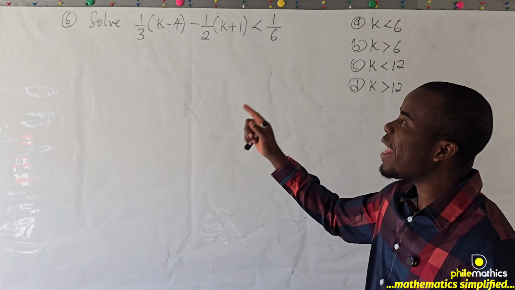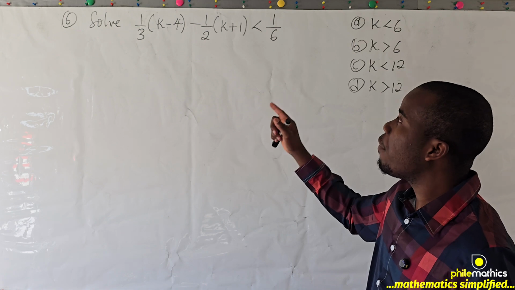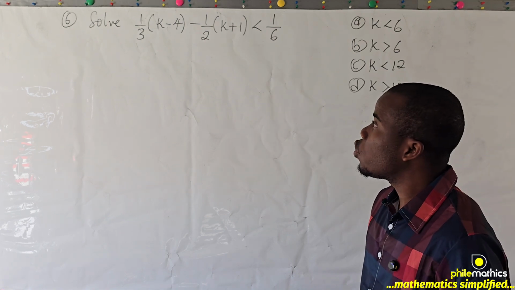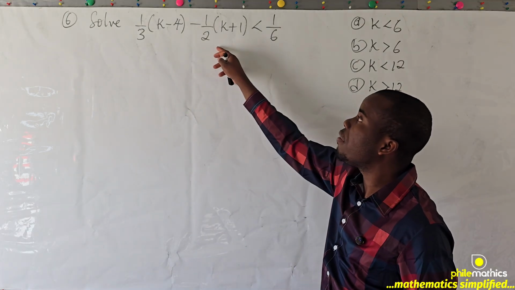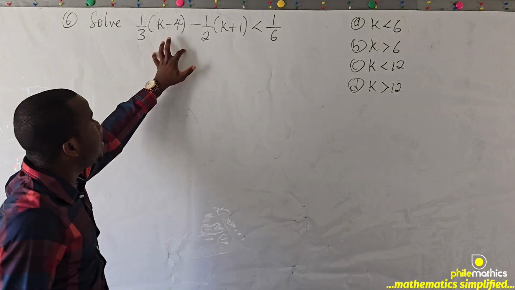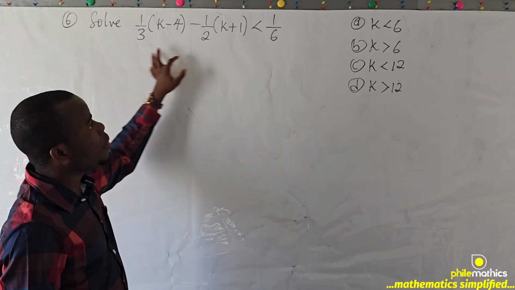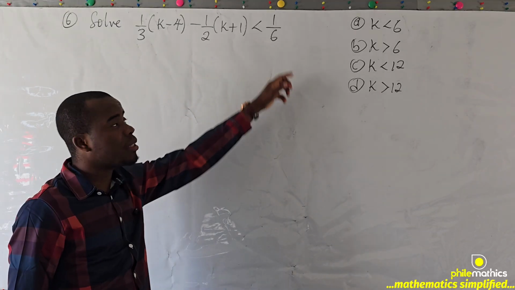Solve 1 third (k minus 4) minus half (k plus 1) less than 1 over 6. So we are looking for the value of k that makes this expression less than 1 over 6. What we can easily do here is to find what the LCM is and multiply through. And easily we see that the LCM is 6.